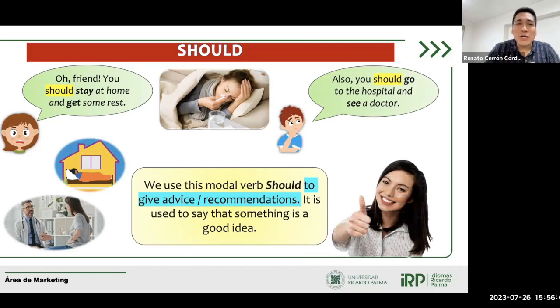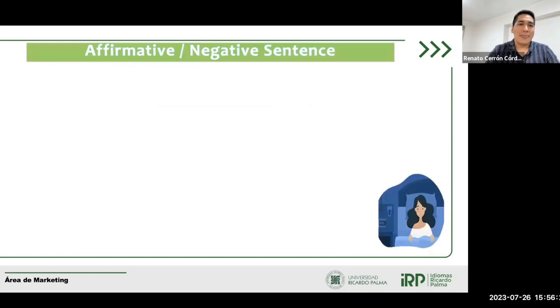So now that we know when we have to use should, let's take a look, guys, at its structure. Let's take a look at how we are gonna work with this modal verb. Okay, so in this next slide, we have the affirmative and negative structure.